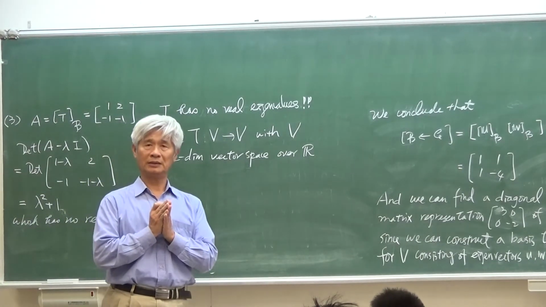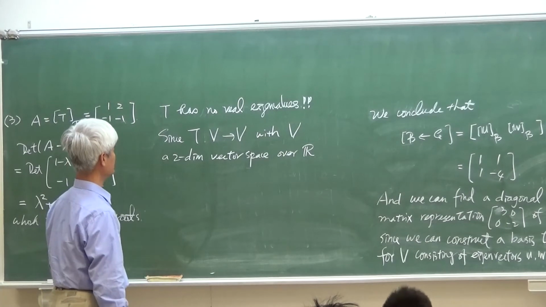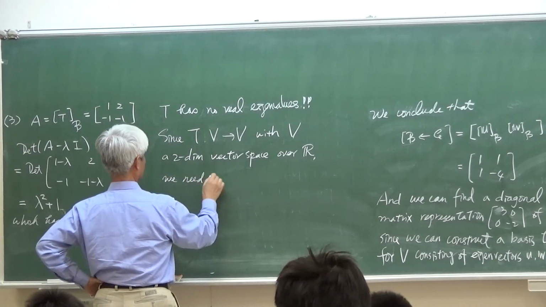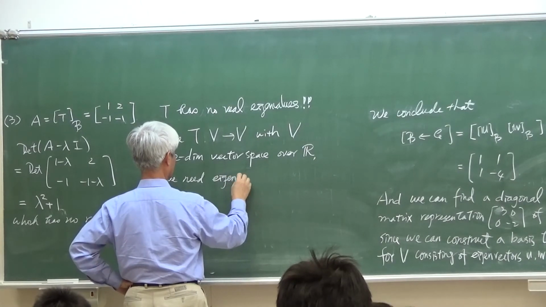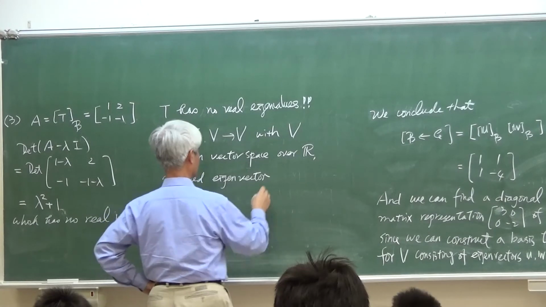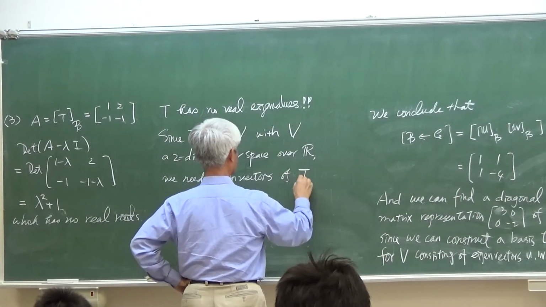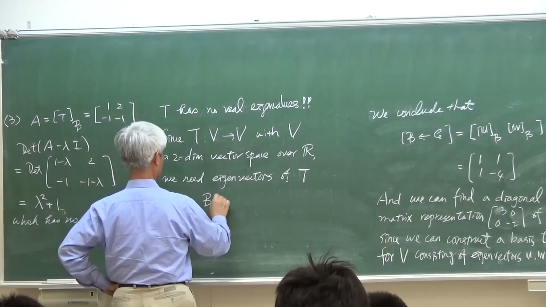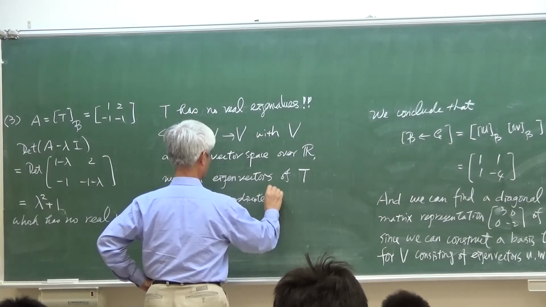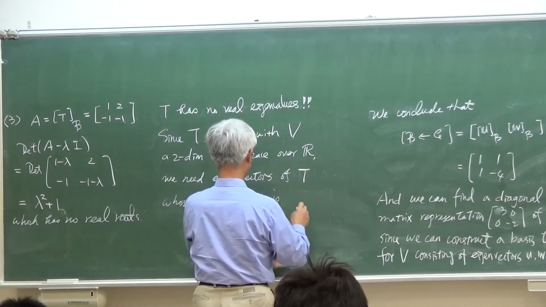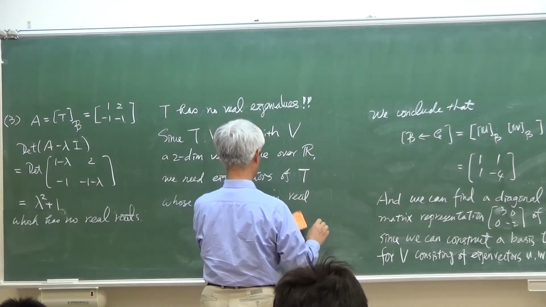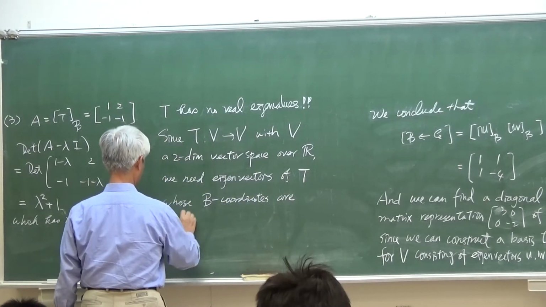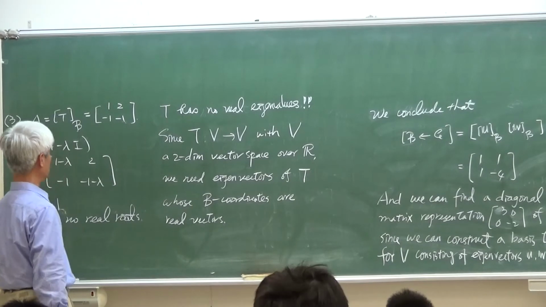So to have real vectors, and now three coordinates. Okay, so they must be real vectors.